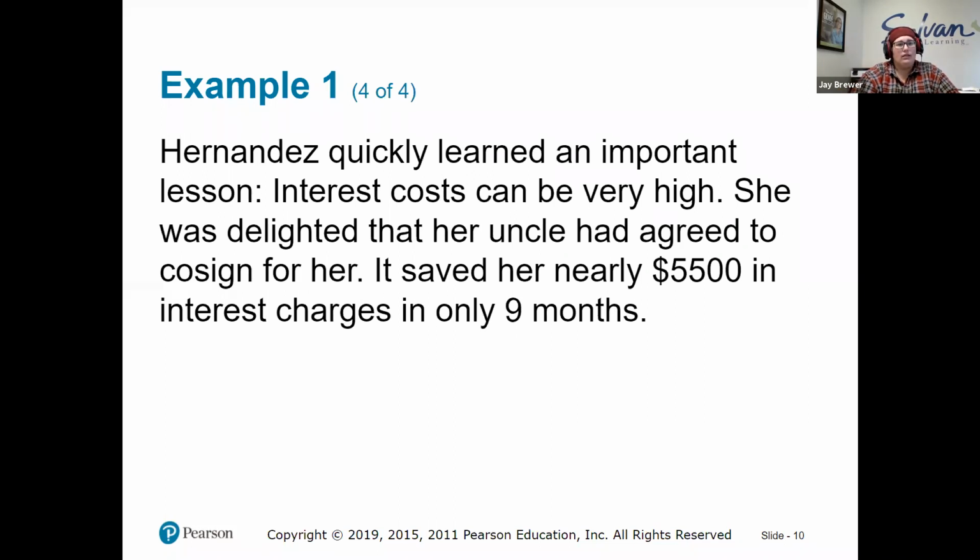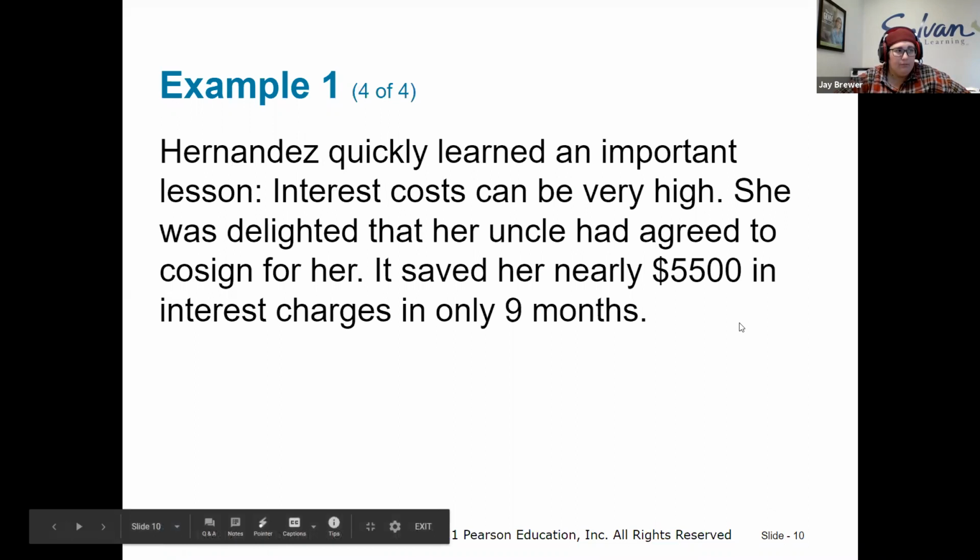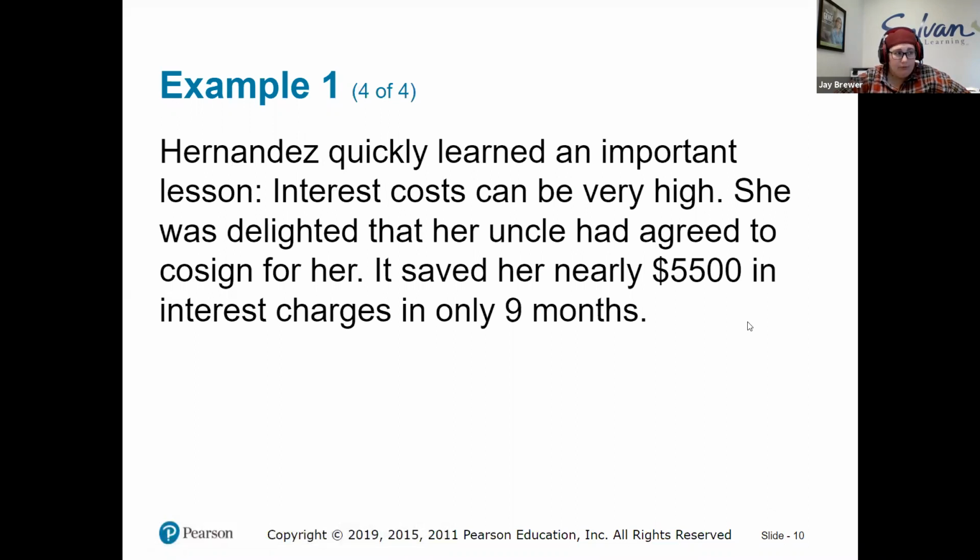So here's the thing though, I don't really understand how likely it would be for this person who has obviously never borrowed a large sum of money before or any money before to be able to borrow so much money and then think that they can pay it back in 9 months.